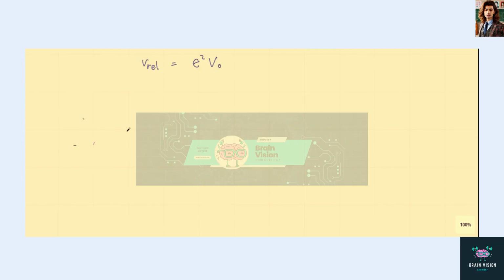So therefore, the total time that it takes, we'll call t, is equal to the length of the cart d over v naught, plus the time it takes after the rebound going from A to B, 2d over e v naught.